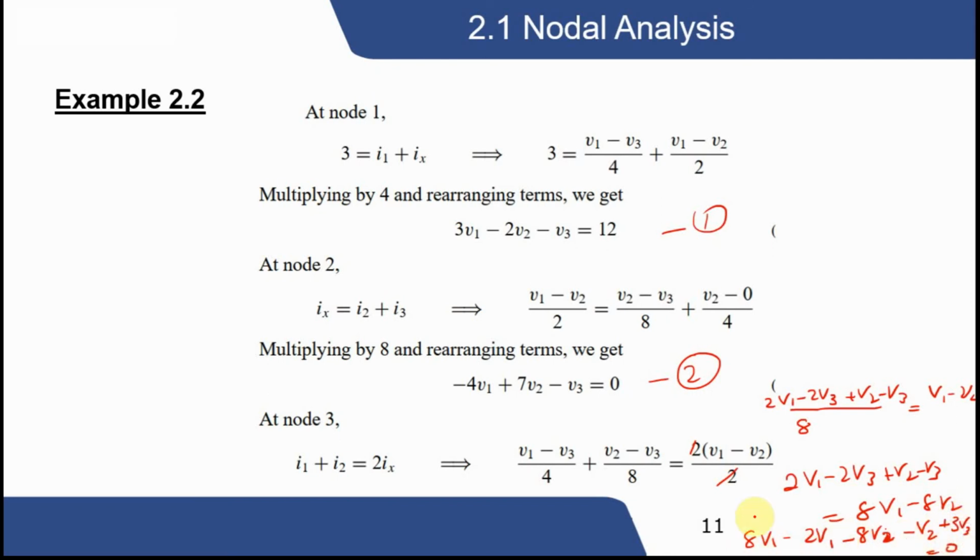So we have 6V1 minus 9V2 plus 3V3 equal to 0. We can take out 3 as common, so 2V1 minus 3V2 plus V3 equal to 0. So this is equation 3.